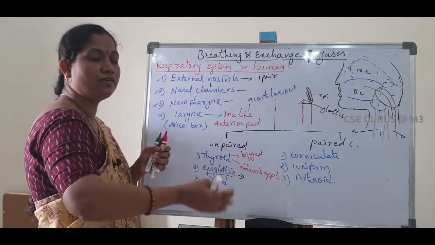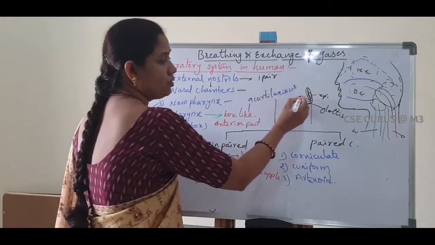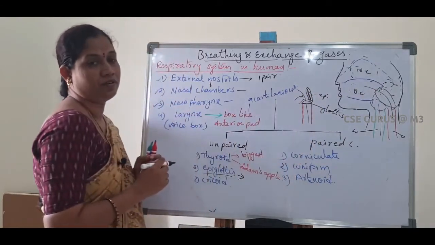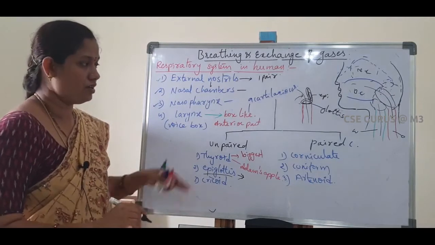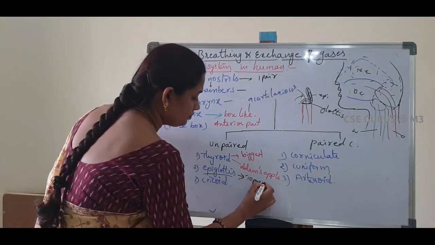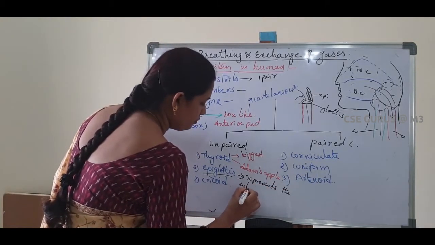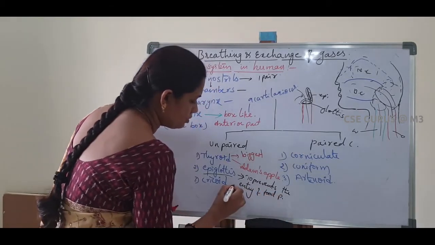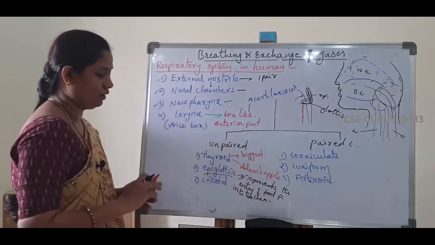As a result, food easily passes into the esophagus. After that, it opens up, so air passes to the trachea. So the epiglottis prevents the entry of food particles into the trachea. This is the function.